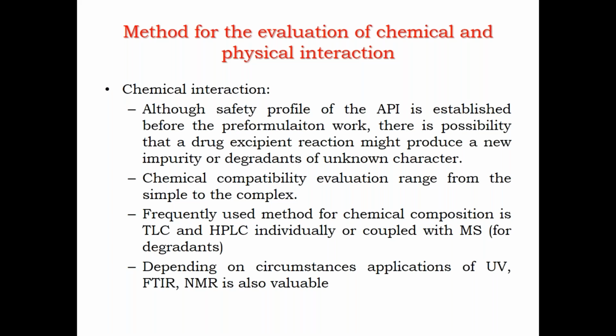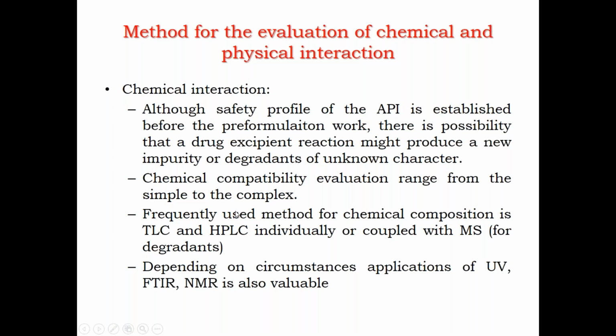Identification of this new impurity is also challenging for us, and that new impurity is an indication of the degradation of the drug and the excipient. If the drug is interacting with the excipient, definitely there is a degradation happening. So identifying this becomes very important.